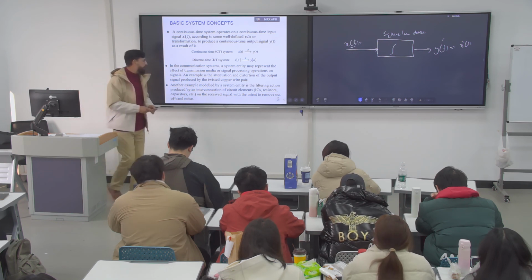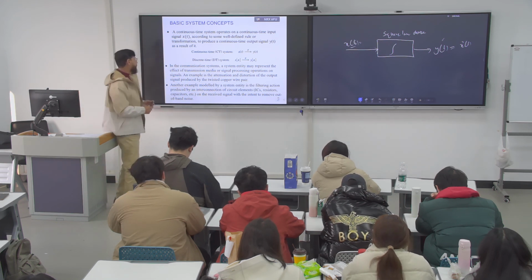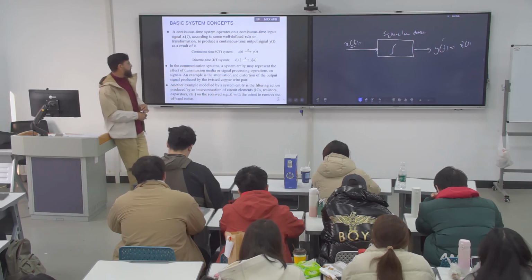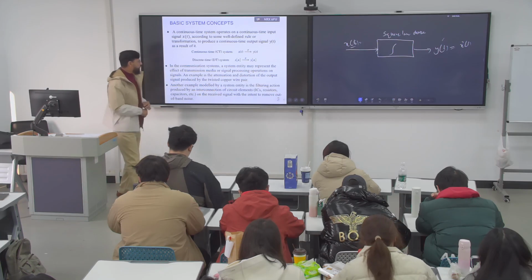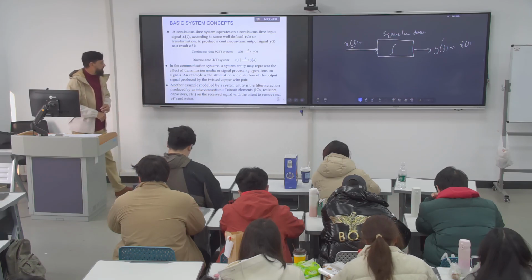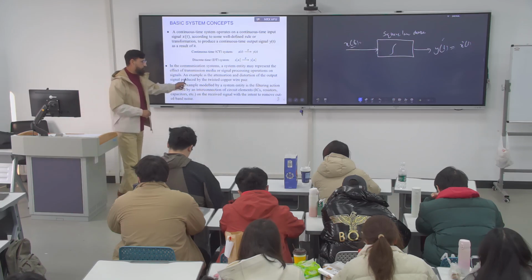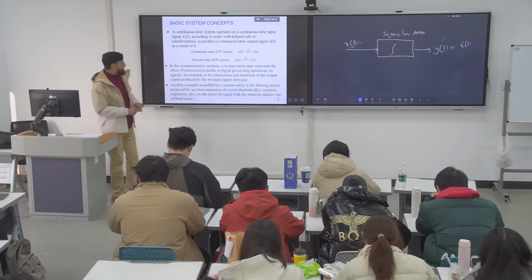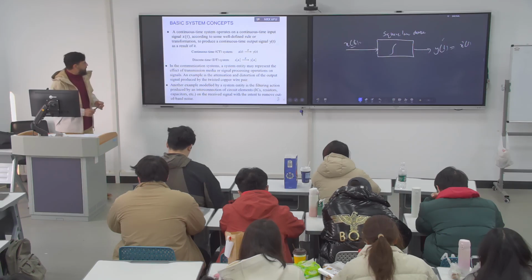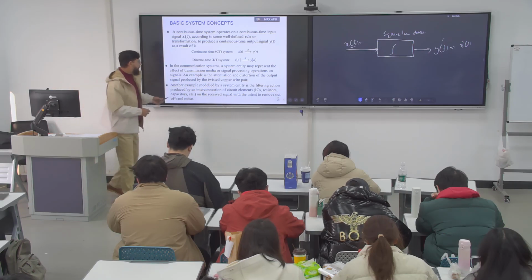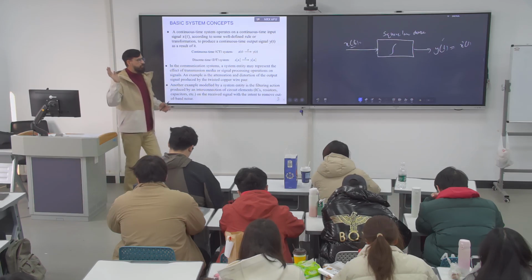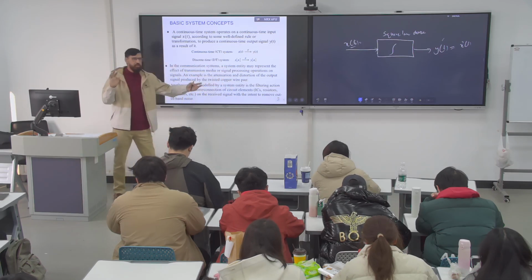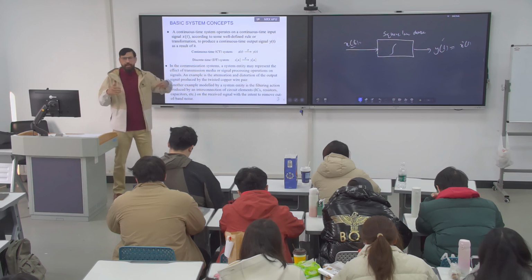In a communication system, a system entity may represent the effect of transmission media or signal processing operation on a signal. What does it mean? An example is the attenuation and distortion of the output signal produced by a twisted copper wire. I have a sender and a receiver, and there is this channel.